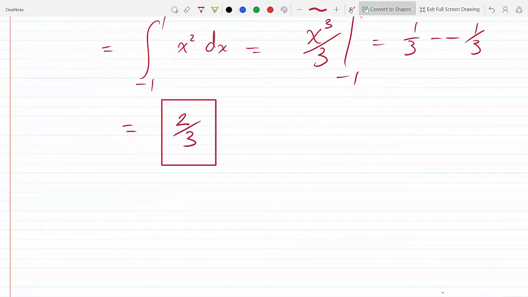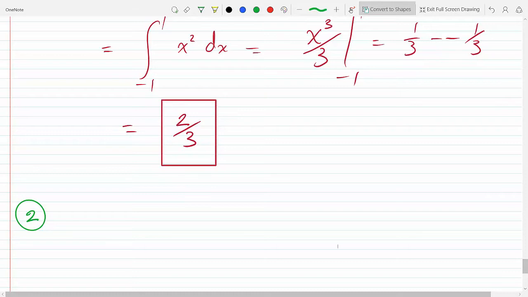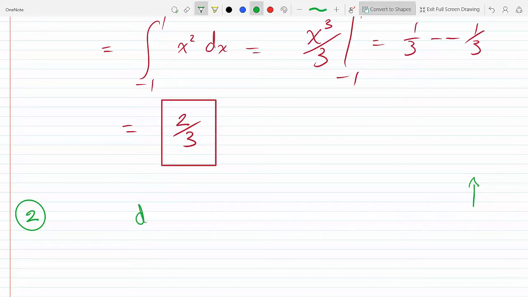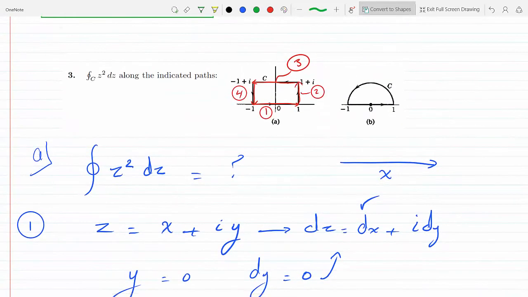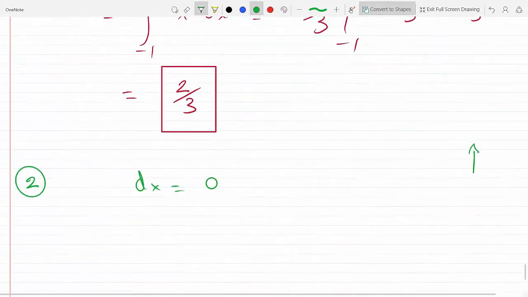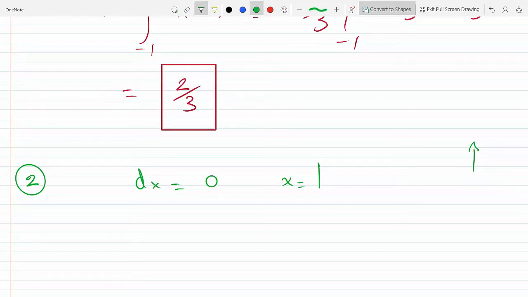Okay, let's go on path number 2. Now, on path number 2, we are going vertically up. Vertically up, so that means we're not changing x, so dx is 0. And we are at x equals 1 because we are here on path number 2. So x is 1. It's very similar to the line integrals that we did in vector calculus.